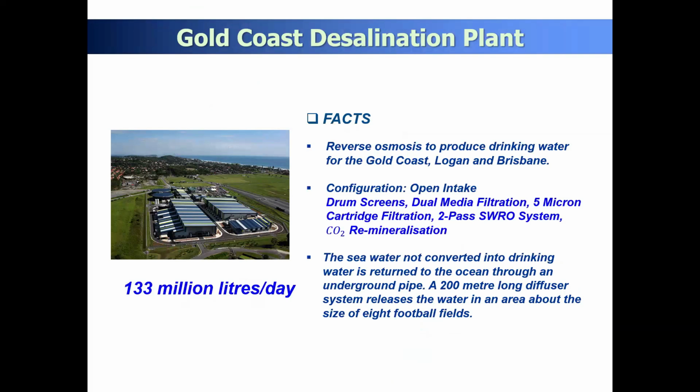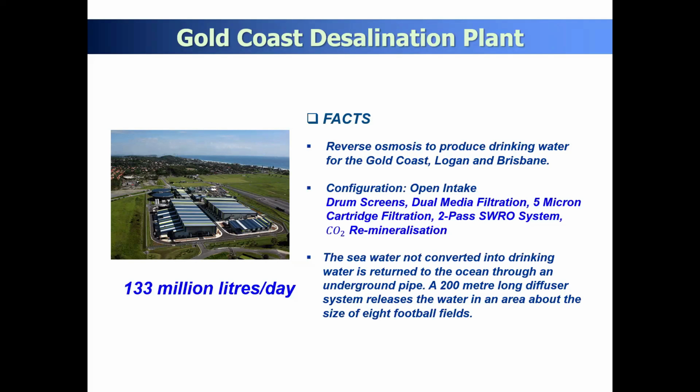So let's see, Gold Coast. The Gold Coast reverse osmosis desalination plant is shown here. So you can see every desalination plant consists of reverse osmosis because it's more cost effective than distillation. So we select reverse osmosis.